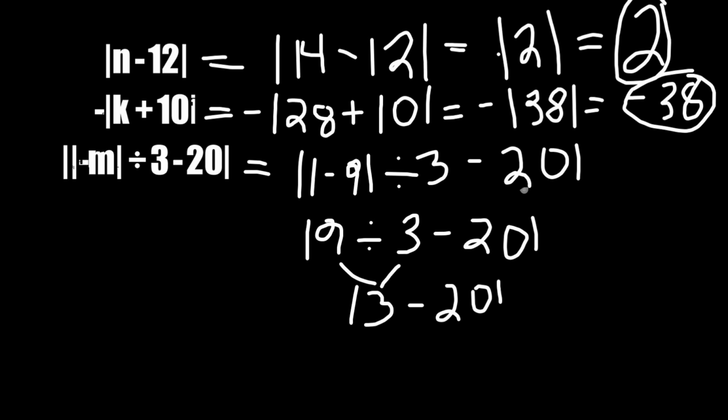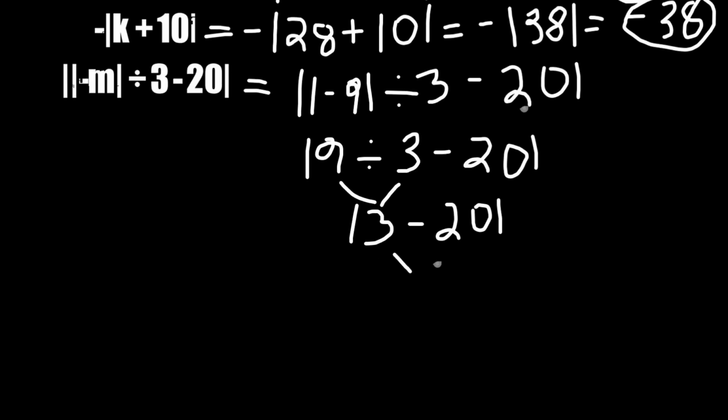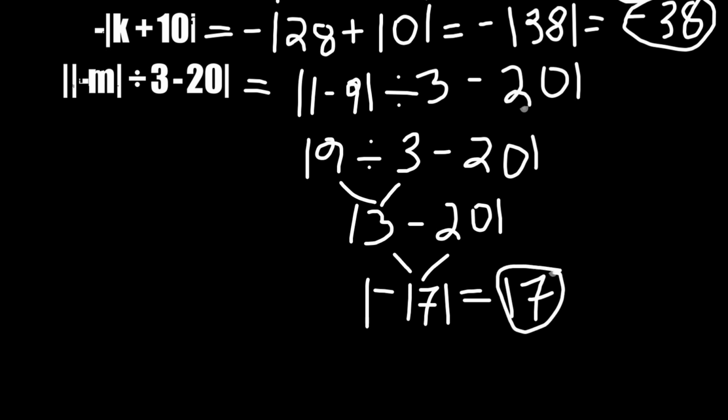And 3 minus 20 is negative 17. And the absolute value of negative 17 is 17. So our final answer is 17.